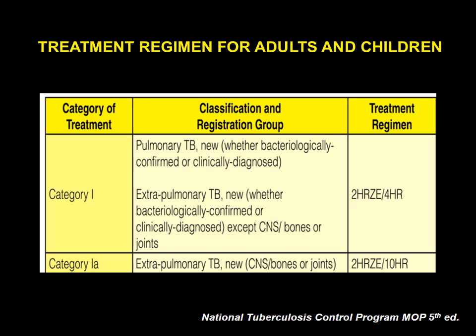Category 1A is for more severe forms of extrapulmonary TB. Here, we give 2 months of isoniazid, rifampicin, pyrazinamide, and ethambutol, followed by 10 months of isoniazid and rifampicin.